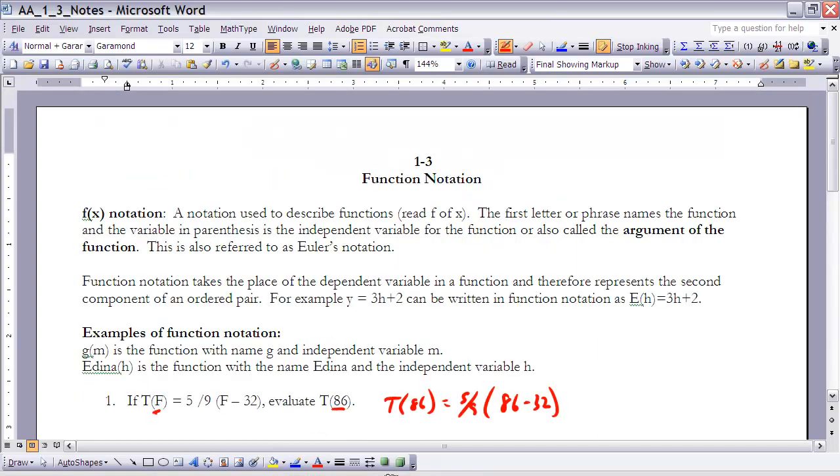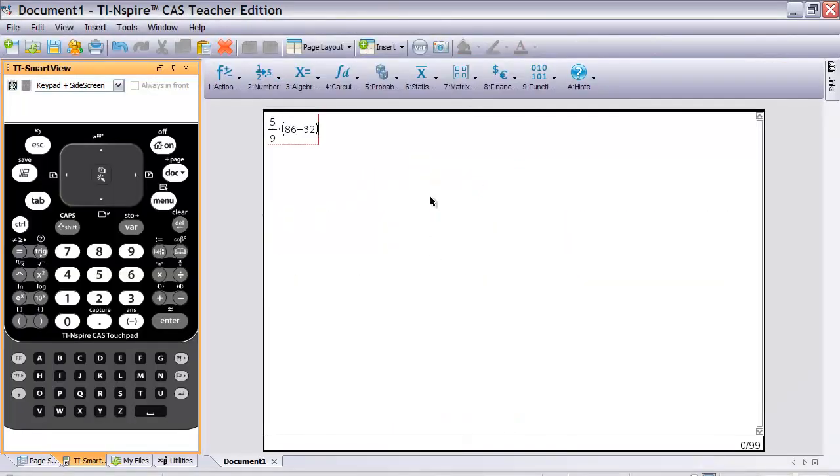If we plug that into our calculator, we put in 5/9 times 86 minus 32. If you have forgotten, in terms of making a fraction, you do control and divide. I'm going to hit enter on that, and you'll notice that we get 30.